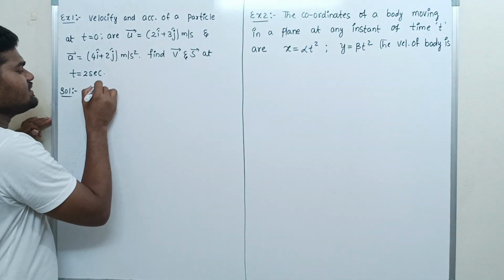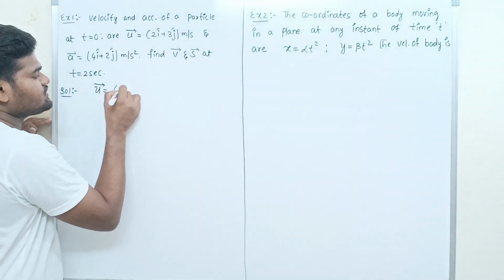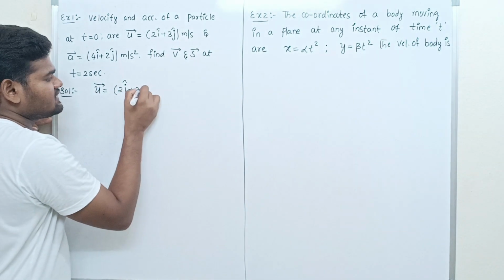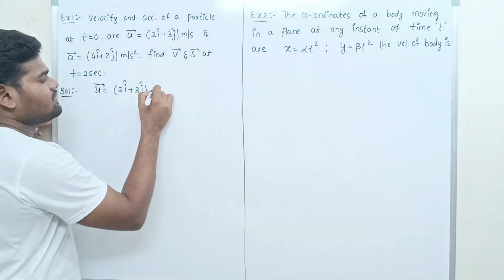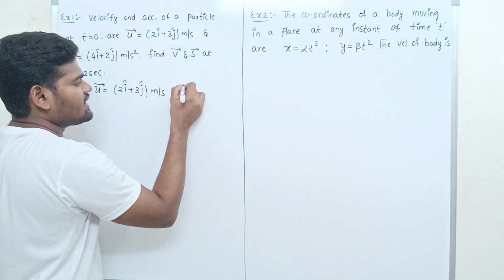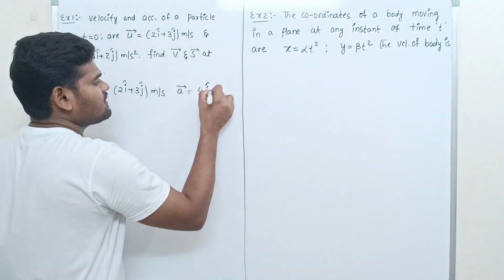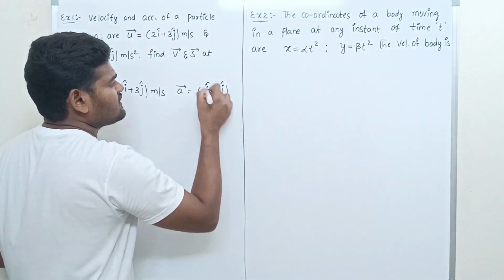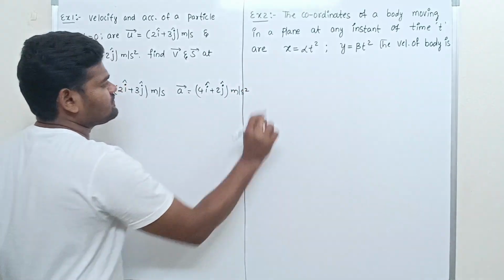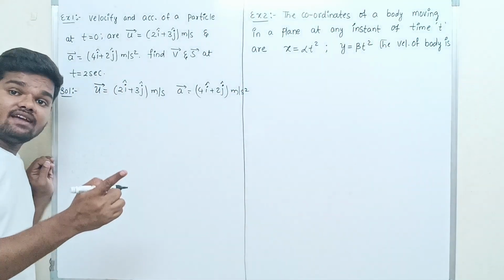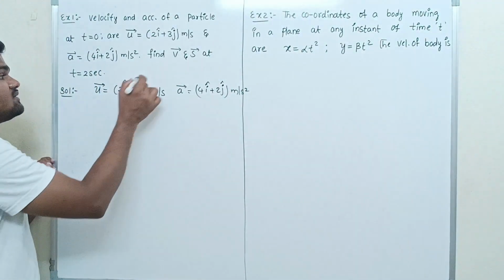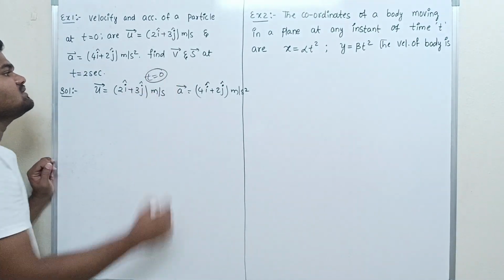So the initial velocity of the particle is given: u is equal to 2 i cap plus 3 j cap meter per second. What is the acceleration of the object given? Acceleration is equal to 4 i cap plus 2 j cap meter per second square. So acceleration is also given initially, at time t equal to 0.